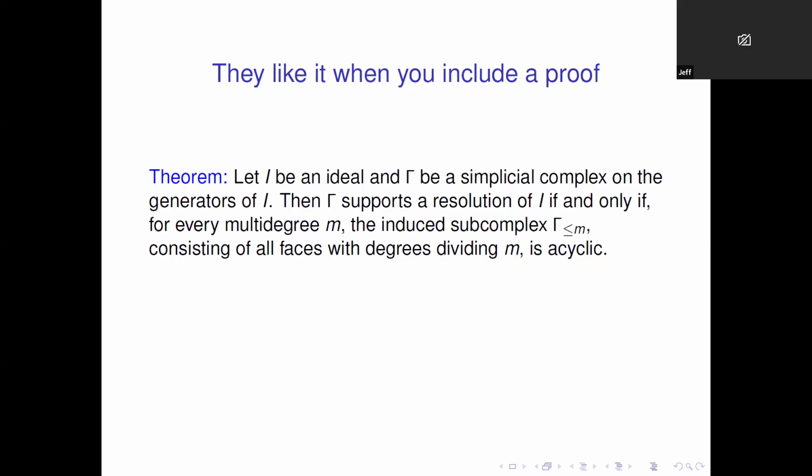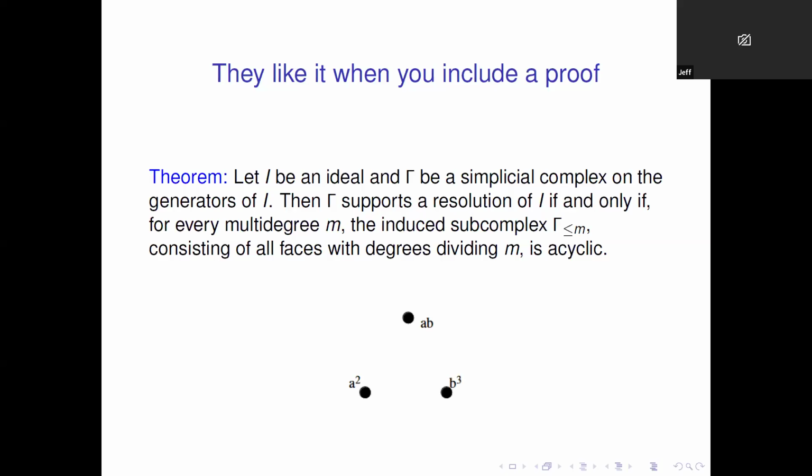So suppose that you have an ideal I, and you've got a simplicial complex gamma on its generators, which you're hoping supports a resolution. It turns out that it does precisely if for every multi-degree M, the induced subcomplex where you throw out all the faces whose multi-degrees don't divide M is always acyclic, then you've got a resolution. And if it's ever not acyclic, you don't.